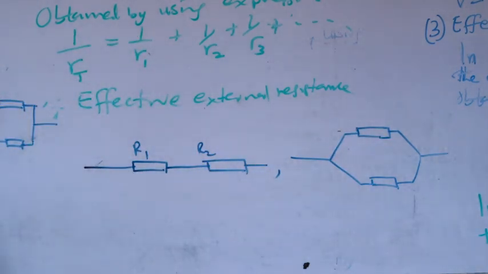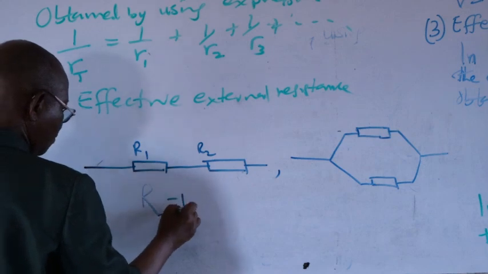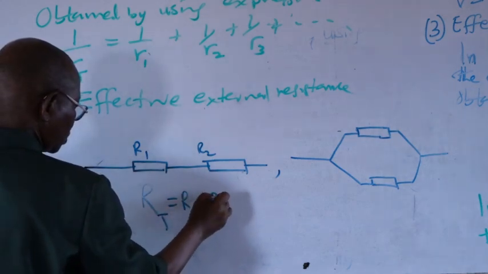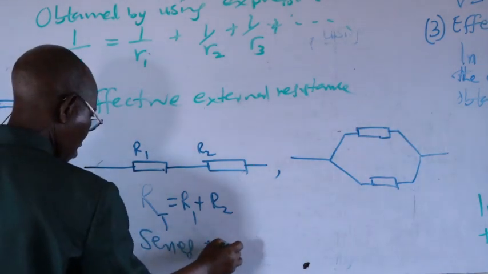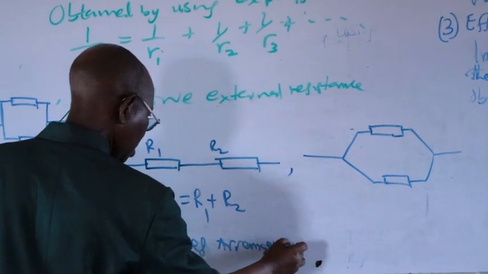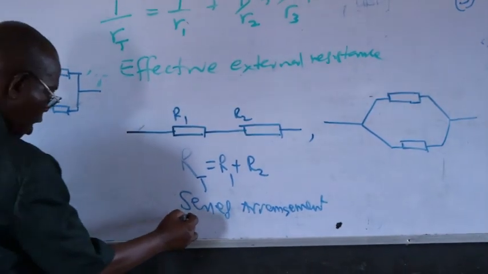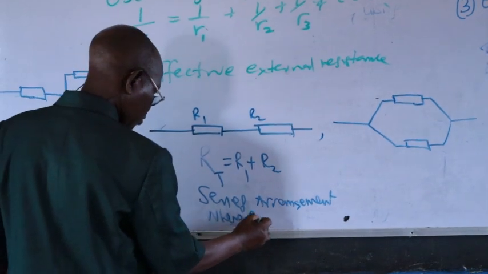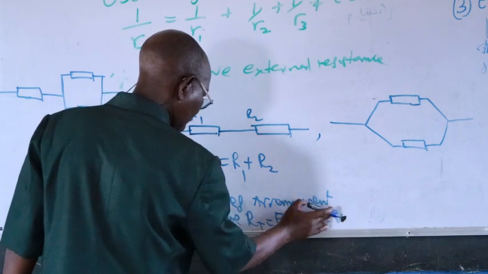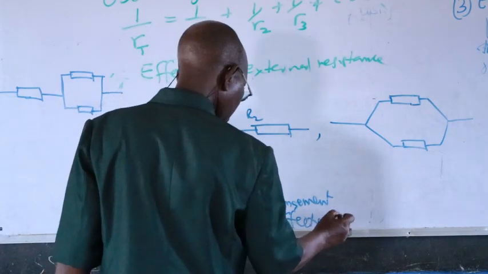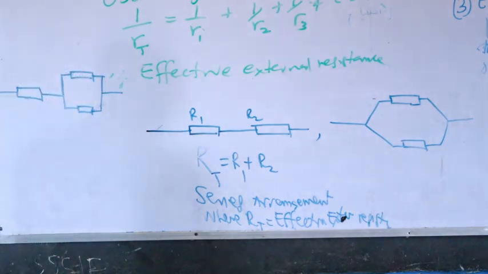In each of these, we find R total. Here R total will simply be R1 plus R2. Of course, this is called series arrangement. R total is called effective external resistance. That's what you have in series.